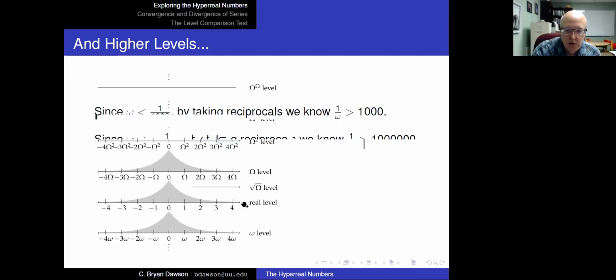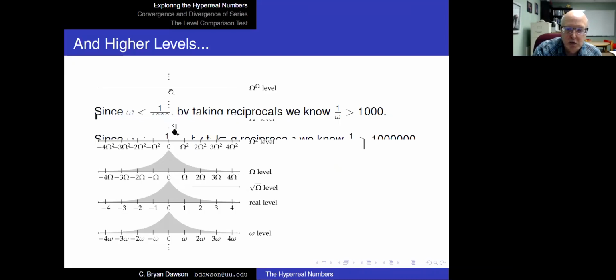Well, we had our real number line here. Well, your capital Omega would be infinitely large. So a real number is infinitesimal in comparison to something that's infinite. And so the real level would then fit right in here at 0 on the capital Omega level.